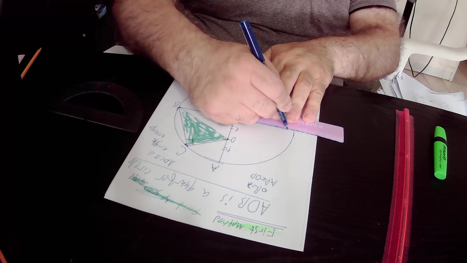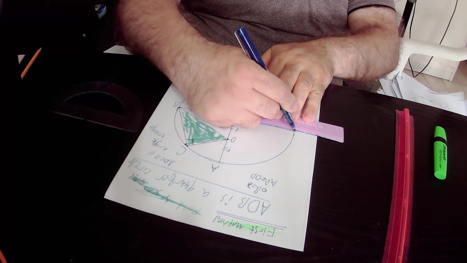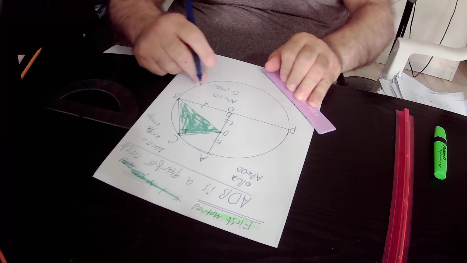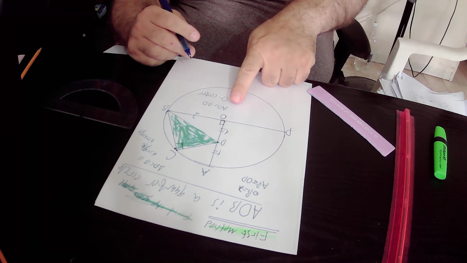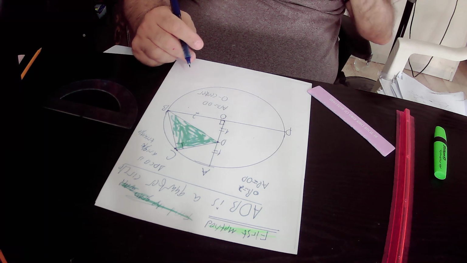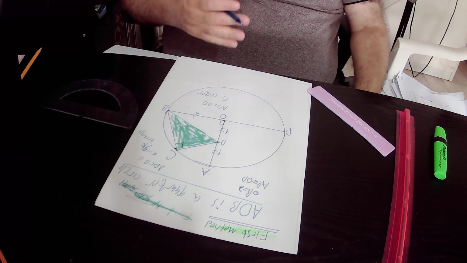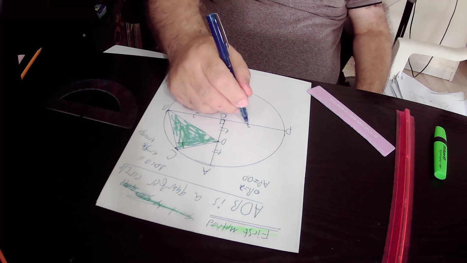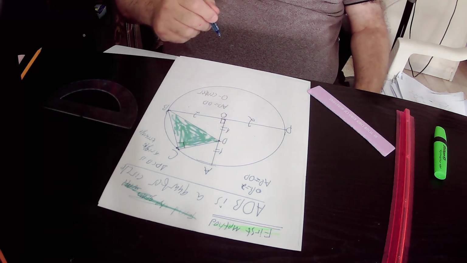And we'll define the touching point of the extended OB on the circle as point P. Point O is the center of the circle, point P is a point of the circle itself. That is exactly the definition of a radius. So PO is the radius of this circle that is equal to 2 units according to what is given in the question.